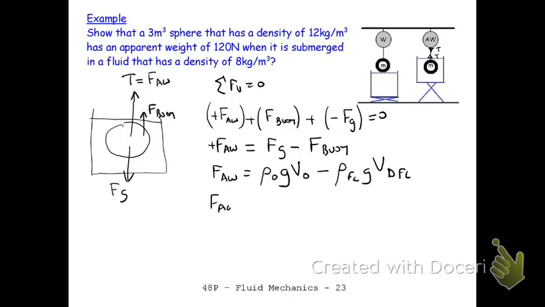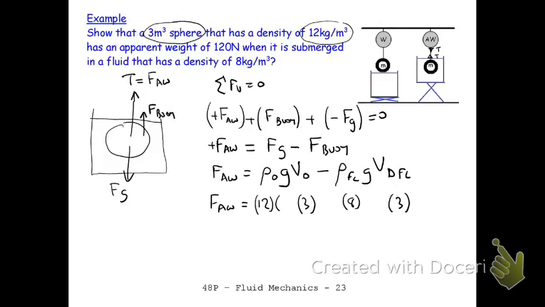So F apparent weight is equal to, I didn't put my numbers in, but let's do it now. There's my volume of the sphere, so that's going to be 3. And because it's completely submerged, the displaced volume is also 3. There's no problem there. Then we have the density of the object, which is 12, and the density of the fluid is 8.